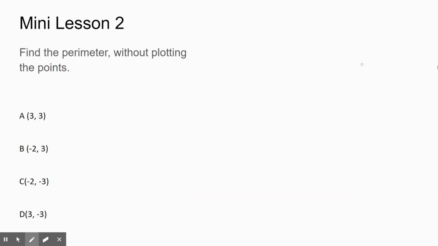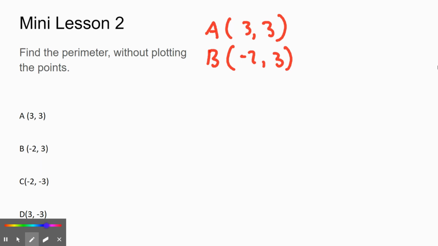A slightly faster, but perhaps slightly harder way to do this is to use the absolute value method that we learned in the 2.5 video. If we take 2 of our points, such as A and B, we can compare our x and y values and see which ones are the same.